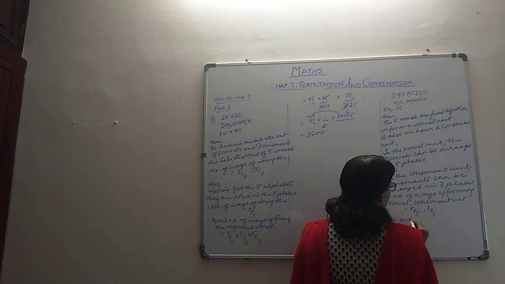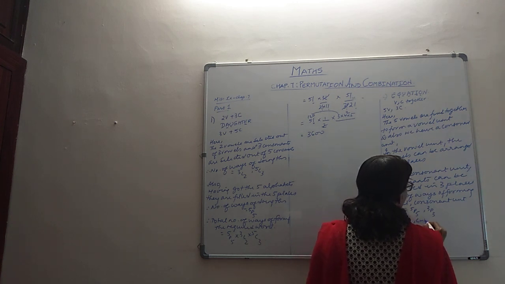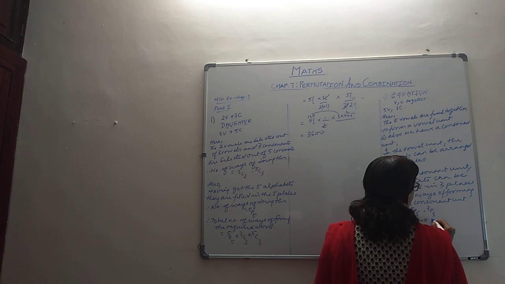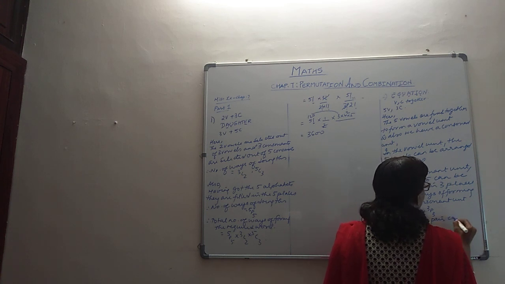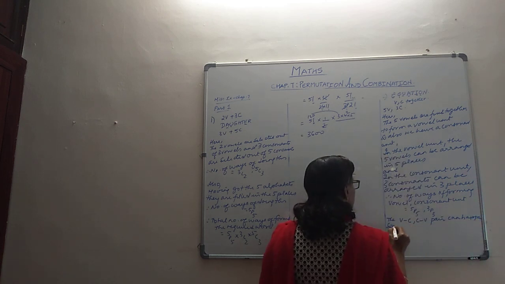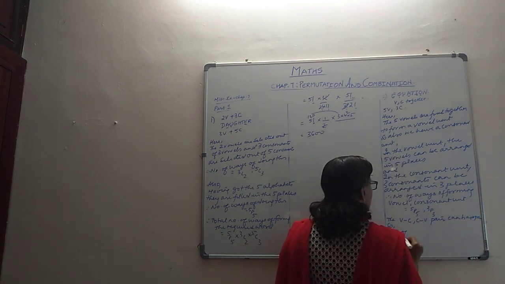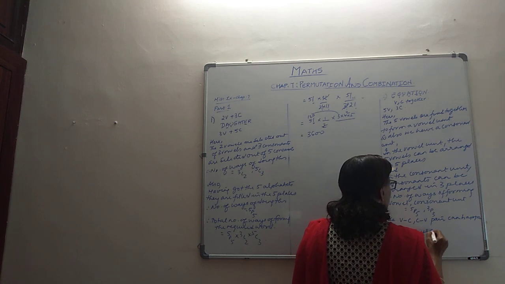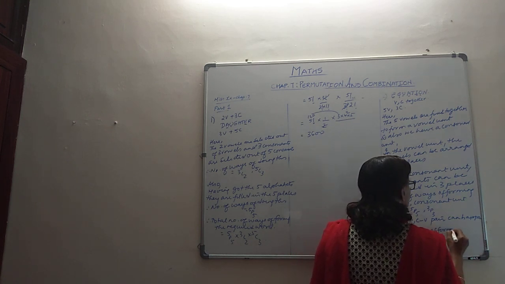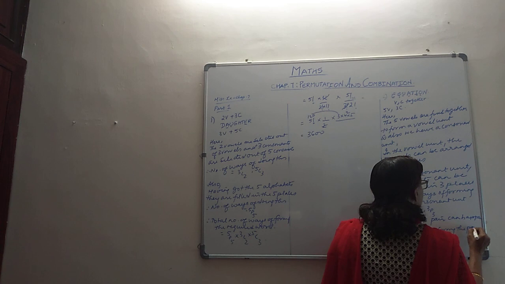The VC or CV pair can happen. So the number of ways of forming the pair is 2.